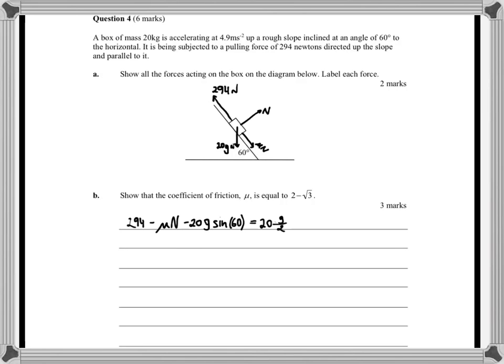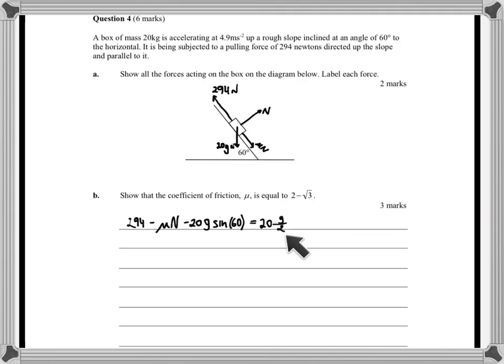And then we have a component of the weight force. That's also directed down, so subtraction. Okay, and that component is the opposite side of this triangle, so sine of 60 degrees times the weight. And that is equivalent to mass times acceleration, so 20 kilograms for mass, and acceleration of g on 2.